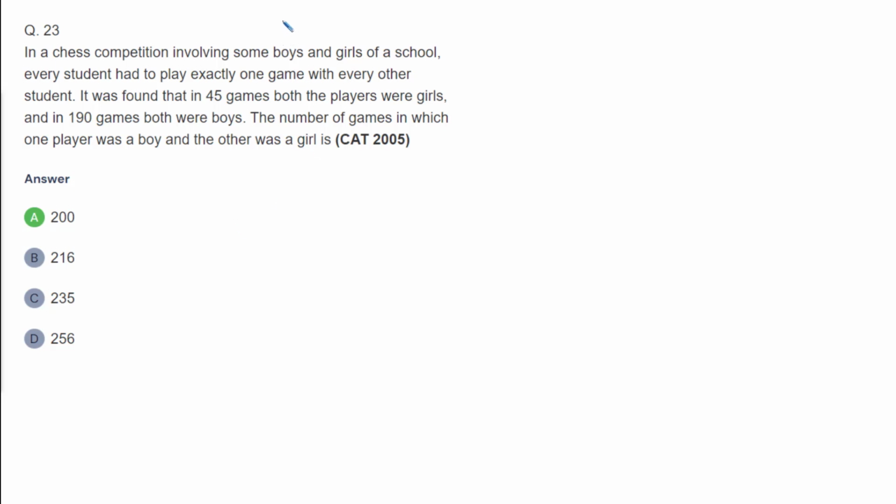So let's say the number of boys is B and the number of girls is G. Among boys, in how many ways can you choose 2 boys? BC2, which is equal to 190 games. Among girls, in how many ways can you choose 2 girls? GC2, which is equal to 45. So you can do some trial and error over here.